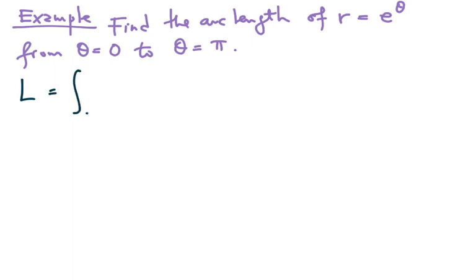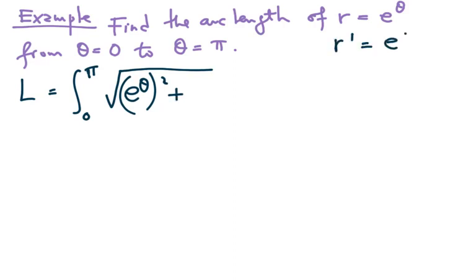This is the integral from 0 to pi, and so here comes the square root of r, that in this case is this, squared, plus r prime, that in this case actually is the same thing, squared. So this is the integral that we had to calculate.